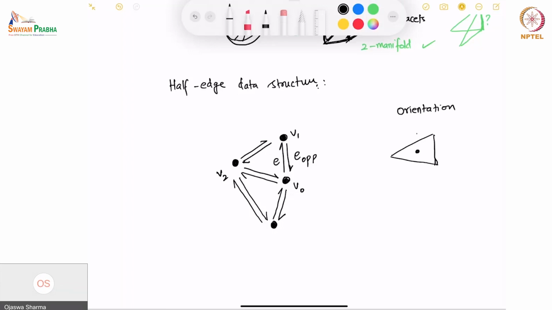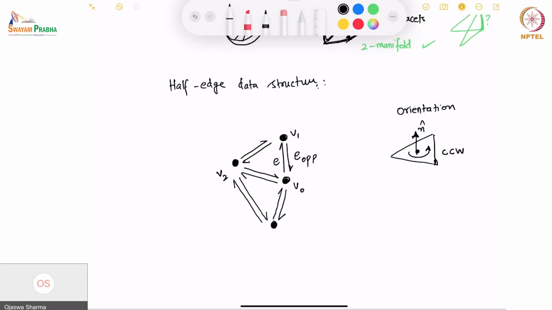The triangle is oriented in this counterclockwise orientation. And if it is counterclockwise, then the normal vector is given by the right hand thumb rule. So that's the normal vector of this triangle, where this orientation is counterclockwise or anti-clockwise. Usually we take counterclockwise as positive, and that's the standard.